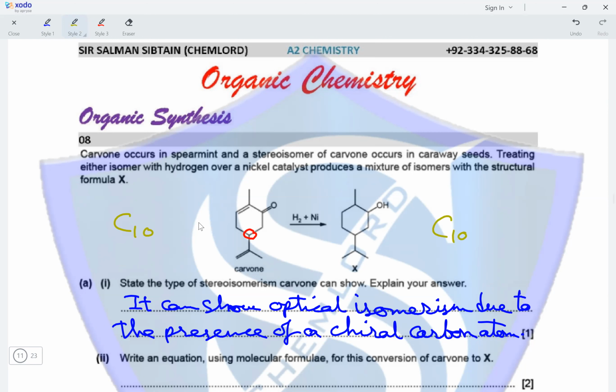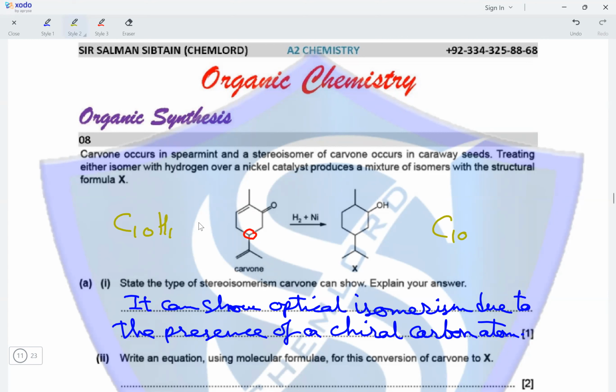So that's common. In carvone, the number of hydrogen atoms would be 3 on CH3, then 1 on the C double bond on the left, 4, 2 at the bottom, 5, 6, 1 in the red circle, 8. Going down, we would have 9, 10, 11, 12, 13, 14 hydrogen atoms in total.